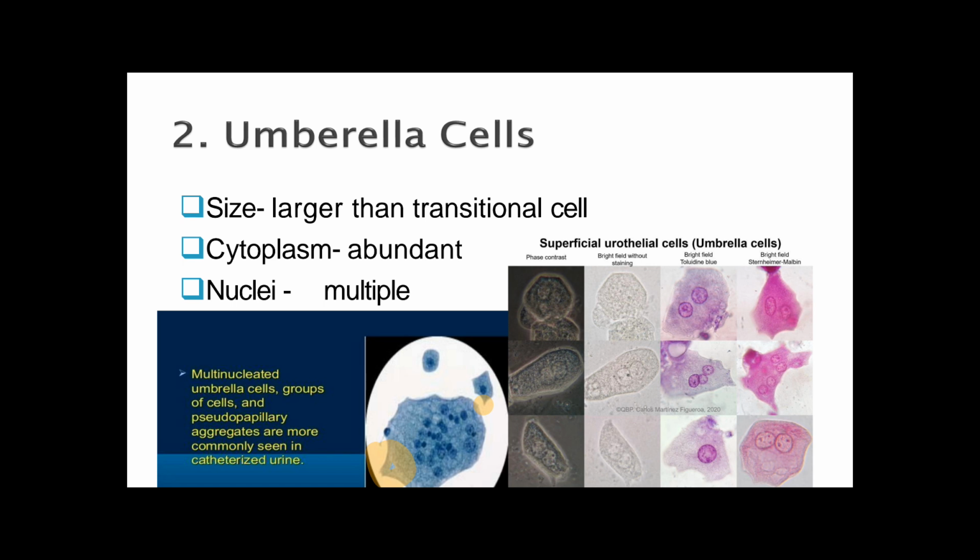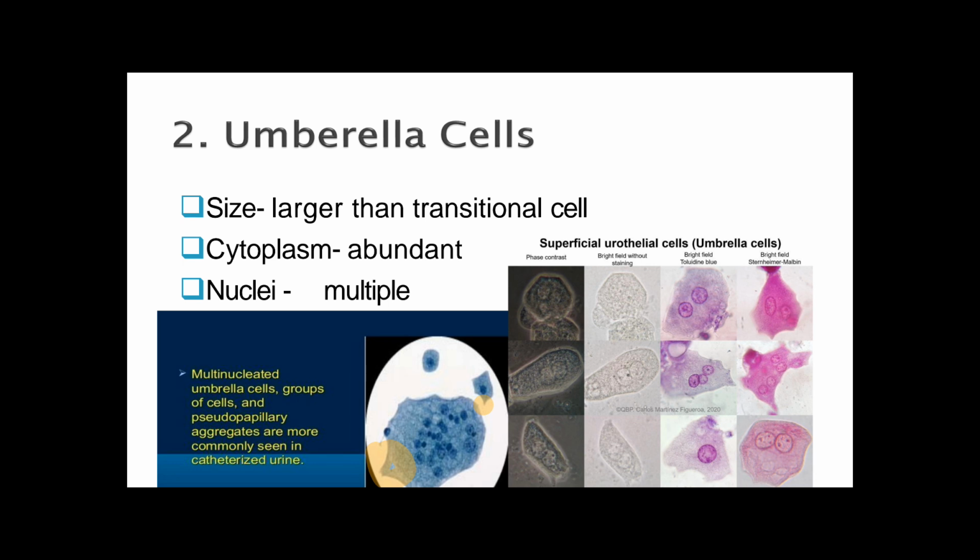In the second picture, second column, you can see the cytoplasm, nuclei and other things. With bright field toluidine blue staining, here you can see multiple nuclei. Inside the nuclei you can see the nucleolus, and the cytoplasm has an irregular umbrella shape.